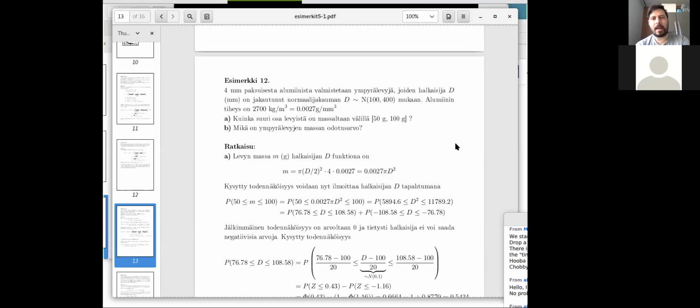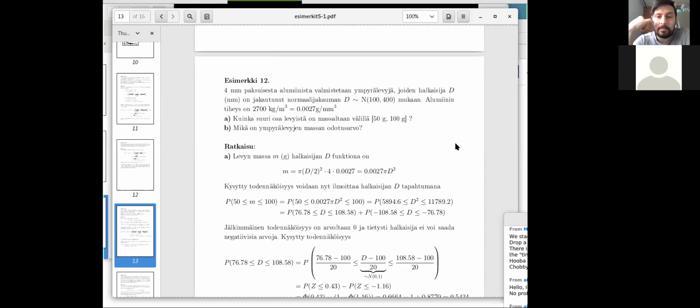The mass we can then get by multiplying this. We calculate this in millimeters. The diameter over 2, that's the radius, to the power 2 times pi, that's the area of the disk, times 4, which is the thickness of the disk, times 0.0027, which is the density.